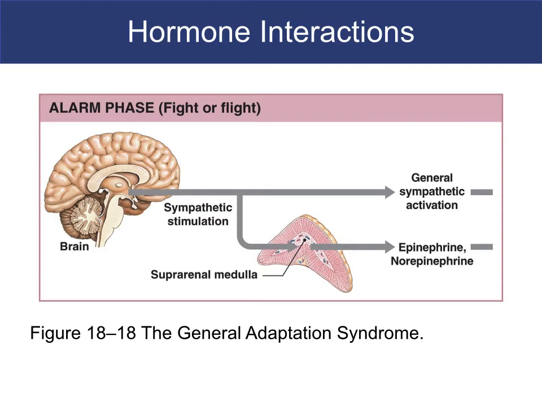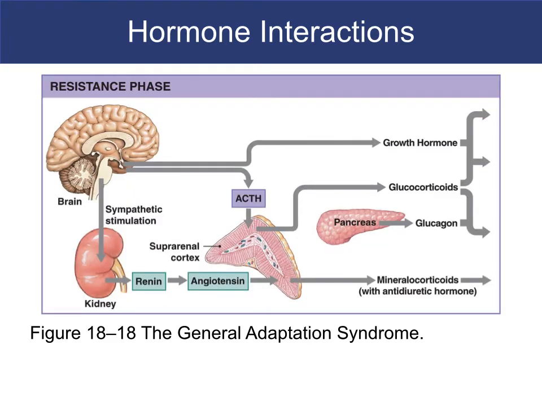So in the alarm phase, it's fight or flight, general sympathetic activation. The medulla is forced to release all the epinephrine and norepinephrine it can. Then it sort of cranks in and starts going for the long run. You start releasing growth hormone, which helps you fight infections. You start releasing all these glucocorticoids that help you fight and suppress an infection. Glucagon, all the mineralocorticoids, you're hanging on to all the fluids you can, all the salt and so forth.